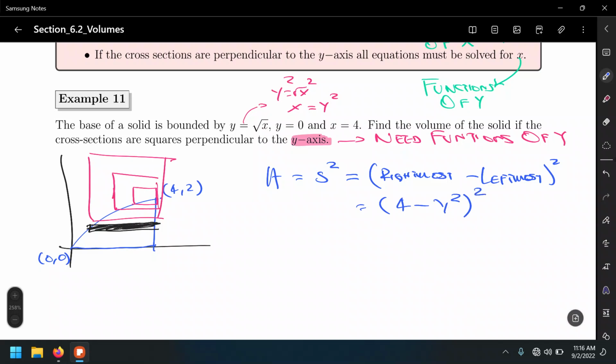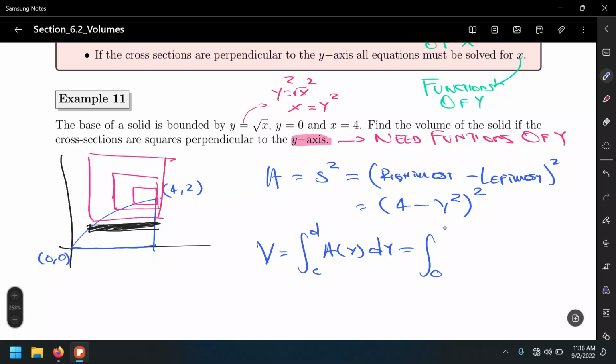Okay, let's go to the integration. The volume is the integral from, not from a to b, but from c to d, of not A of x, in this case A of y, with respect to y. We have a formula to integrate, so let's just substitute in this integral formula. Recall, these are x values, but since we're integrating with respect to y, we look at the y values of the points of intersection.